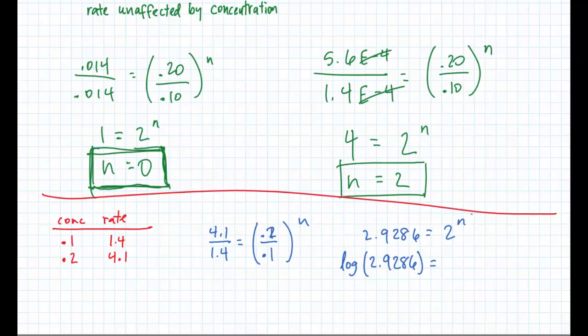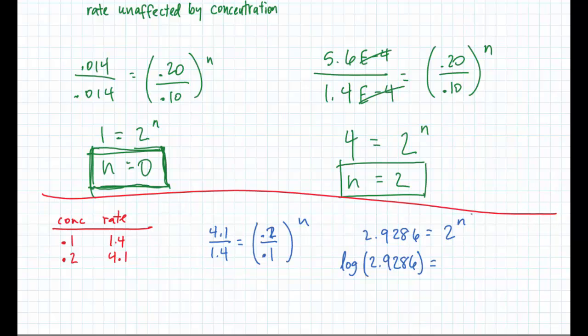Anybody remember the unique thing that happens when we have an exponent that's inside of a logarithm? There's a unique behavior that happens with that exponent. The exponent comes out in front.